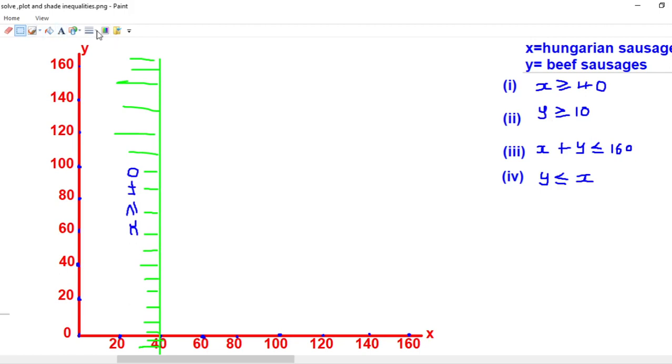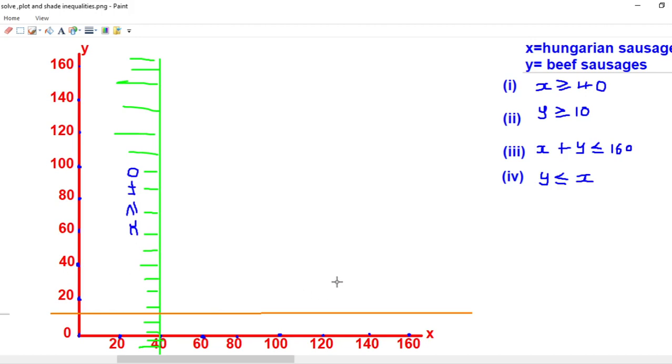Let us use a straight line. Now we have y greater than or equal to 10. When we go to y greater than or equal to 10, 10 is between 0 and 20, right? So this is the line.